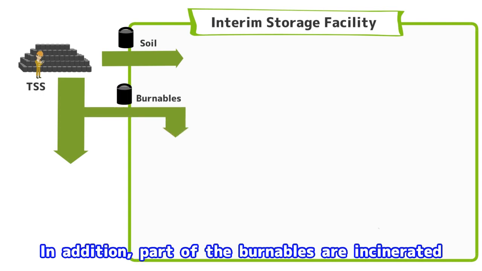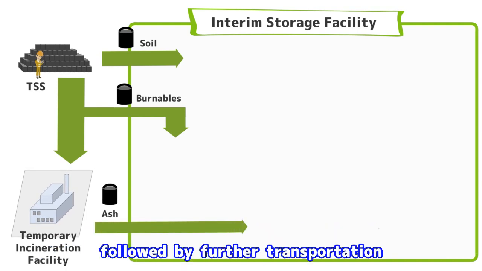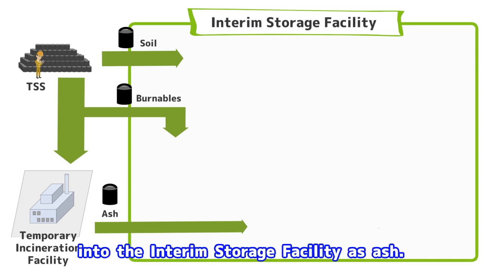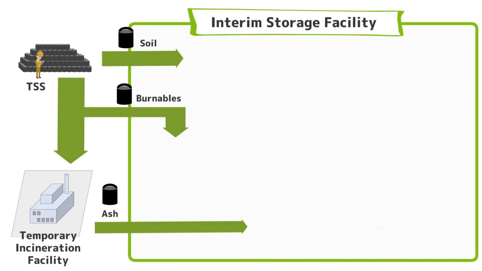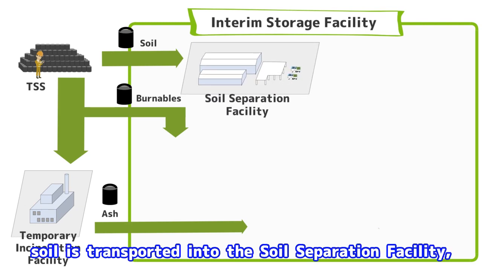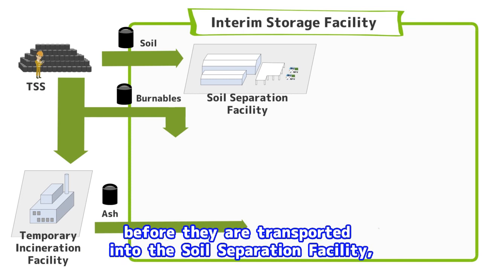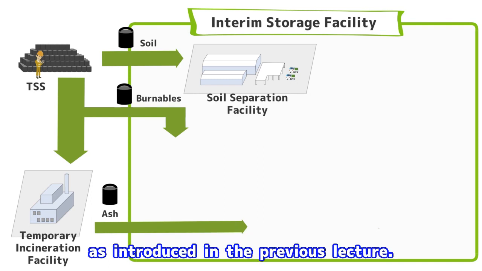In addition, part of the burnables are incinerated in the temporary incineration facility outside the premise, followed by further transportation into the interim storage facility as ash. Of the soil and waste, soil is transported into the soil separation facility, although part of it is temporarily stored in the storage sites before being transported into the soil separation facility, as introduced in the previous lecture.